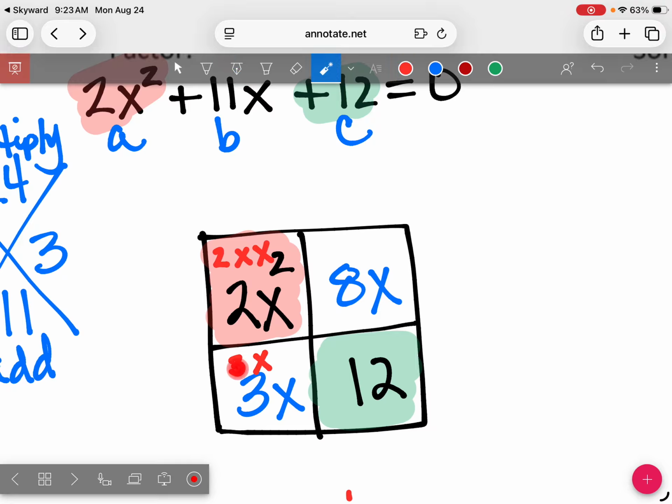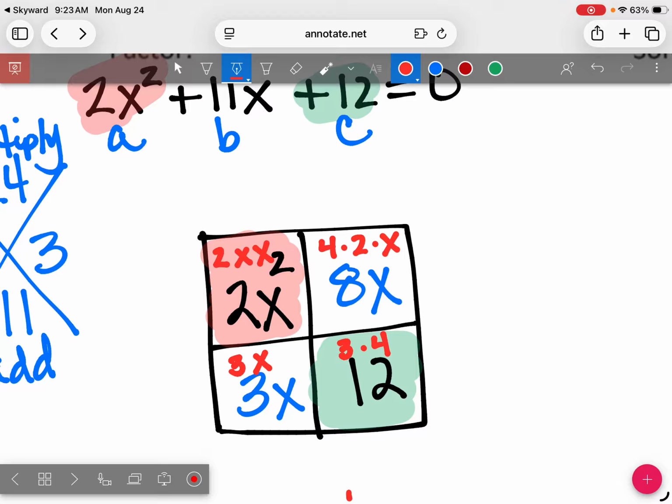Using 3, because I have to use a number in this row, what can I multiply by 3 to get 12? So that means this has really a 3 times 4. And using 4, what multiplies to give me 8? 4 times what is 8? 2.